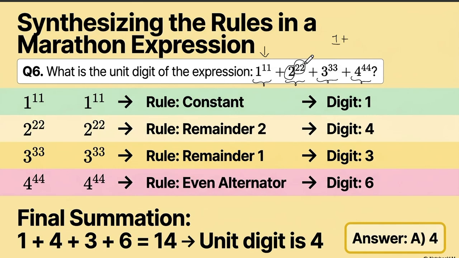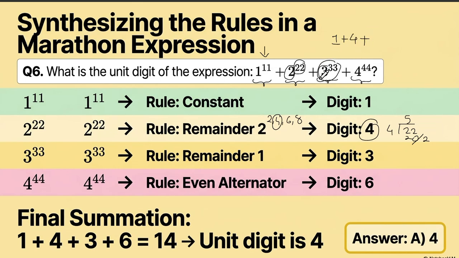If we divide the power 22 by 4, 4 5s are 20, so the remainder is 2. If the remainder is 2, then the unit digit is 4, because the cycle we have is 2, 4, 6, 8, so the second digit is 4. So our unit place is 4.